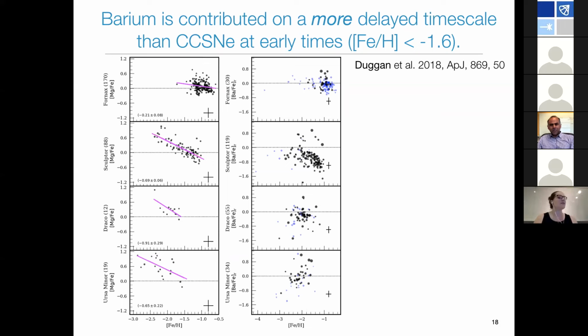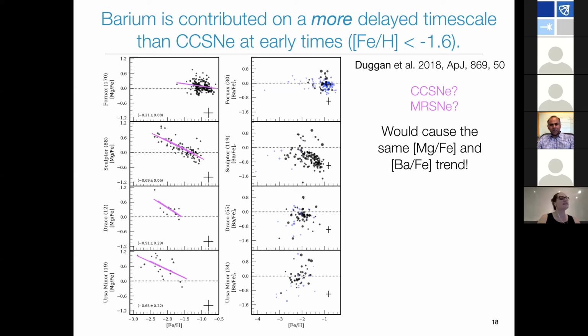So if the R process barium contribution is from core collapse supernovae or a rare type of core collapse supernovae, then we would expect to see a similar barium to iron trend. If barium is being contributed by core collapse supernovae, it would have a high value early on, and then as Type Ia supernovae would go off, this ratio would decline.